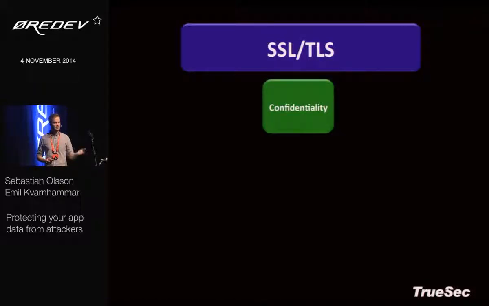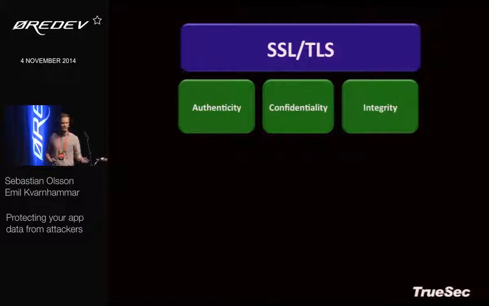Confidentiality is what people associate with TLS. And that's true, that's an extremely important part of TLS, encrypting stuff. But that's not all. Equally important, and sometimes more important, are authenticity and integrity. You need to be certain that you're talking to the right server and that data has not been modified in transit.